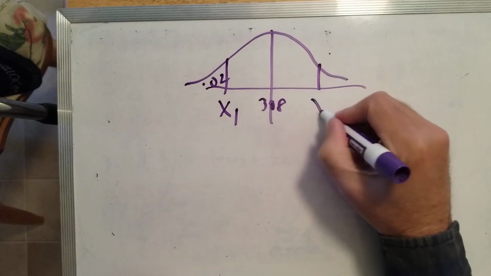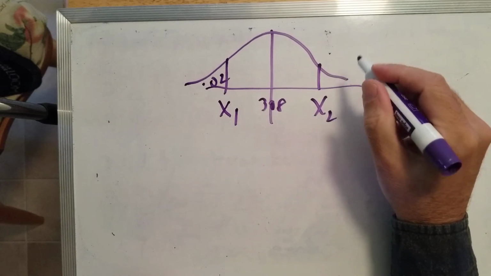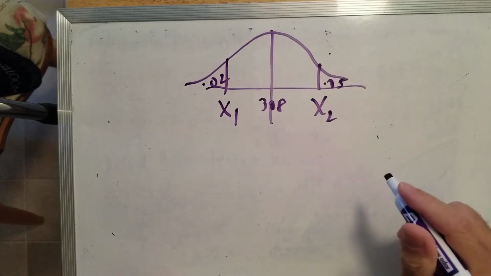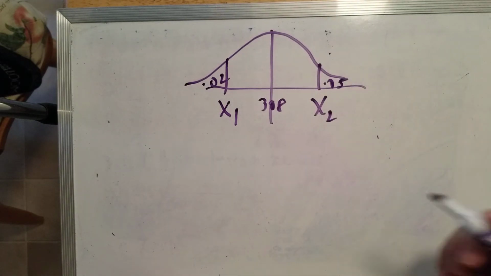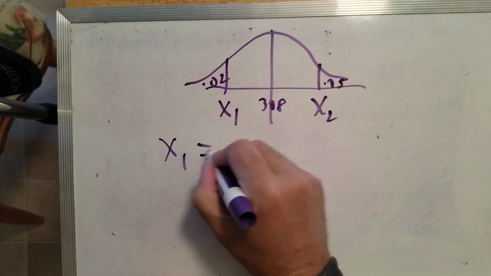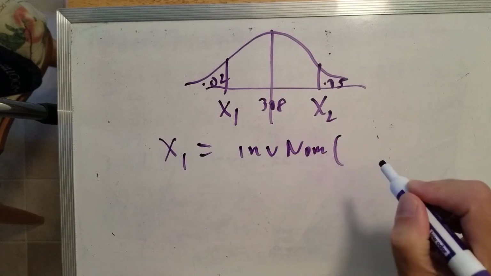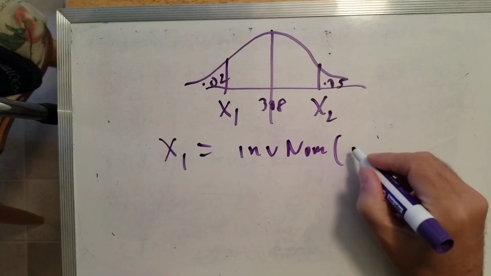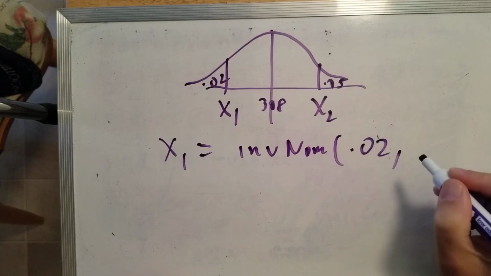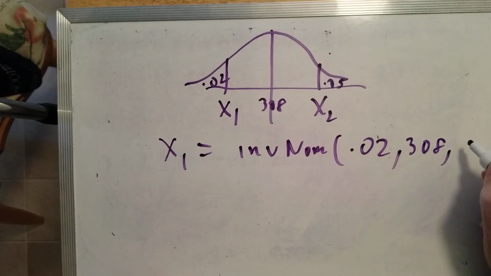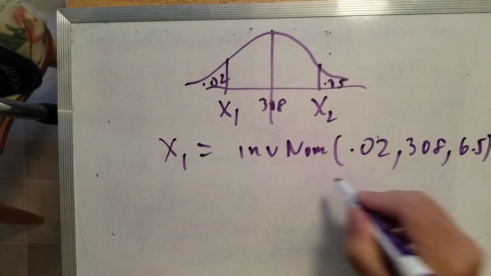And the highest 5%, I'm going to call that x2, and it has area 0.05 to the right of that point. We can calculate x1 is equal to InvNorm. The area to the left is 0.02. The mean is 308. The standard deviation is 6.5.